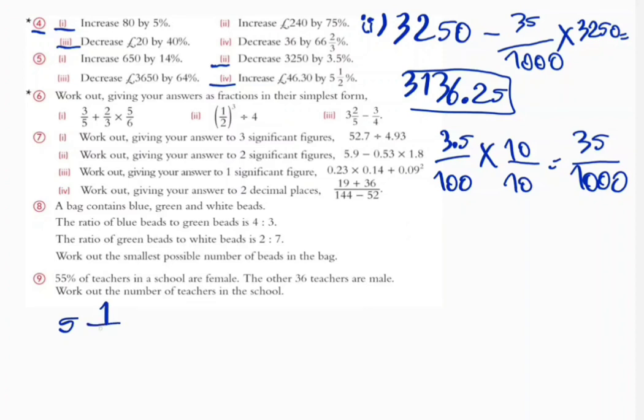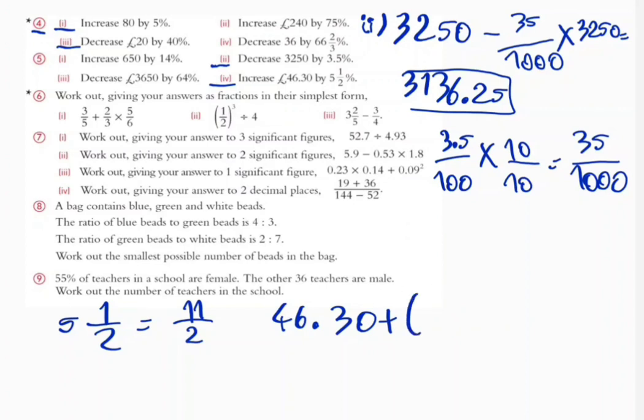So 5 and a half is equal to 11 over 2. Now let's use the same technique. So it's going to be 46.30, because this is increasing, so it's going to be plus.